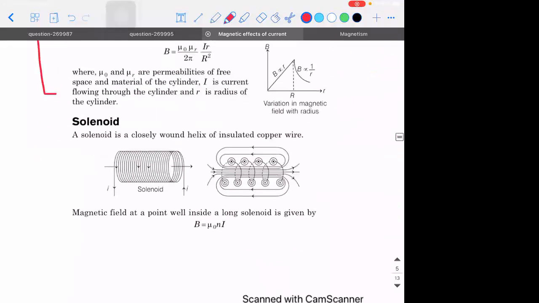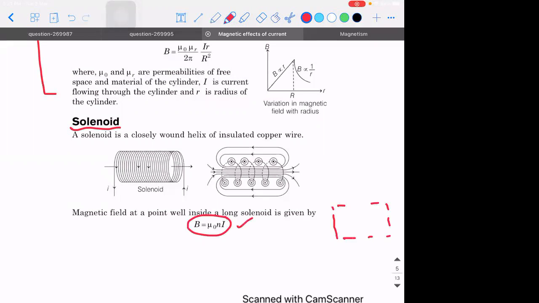Okay. Next is, for a solenoid, what is the magnetic field inside it? It is given by the expression B is equal to mu naught into n i. How are you going to derive it? So the derivation is, you will take a rectangular loop like this, right? I hope you guys remember all those things.